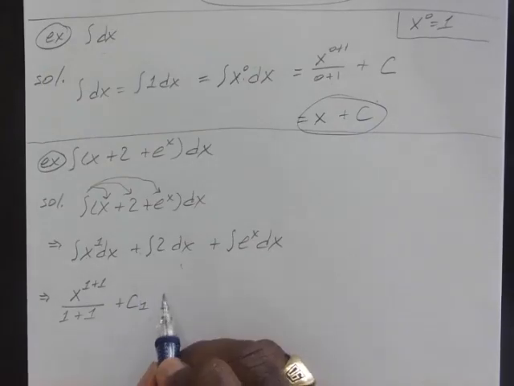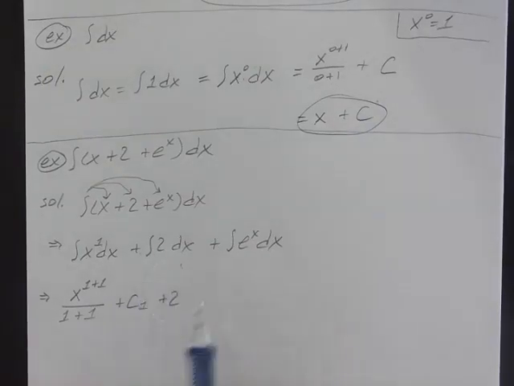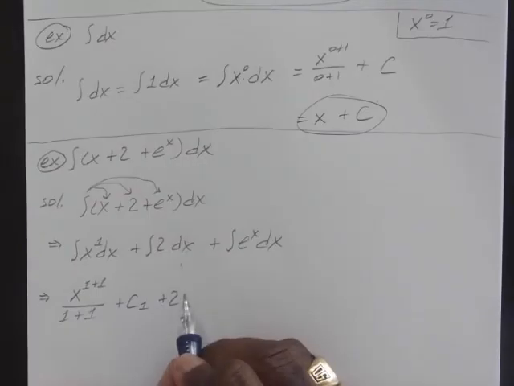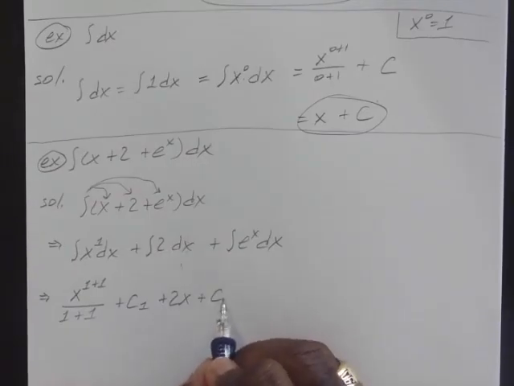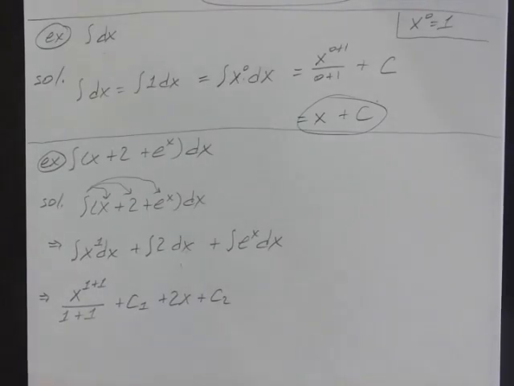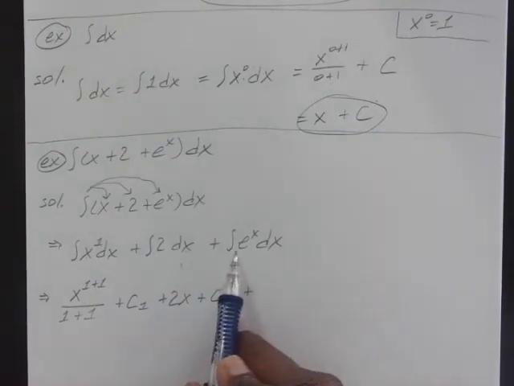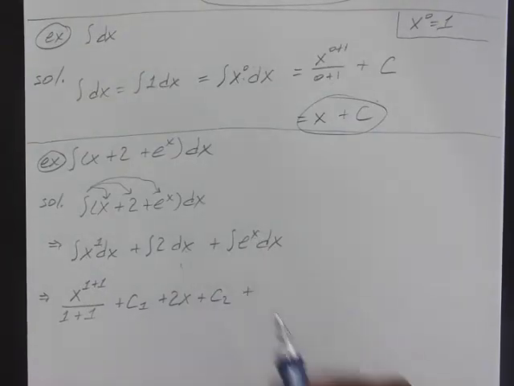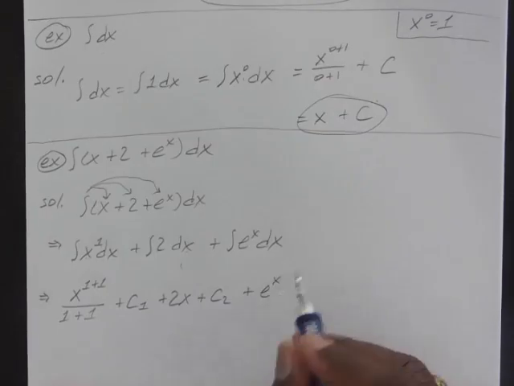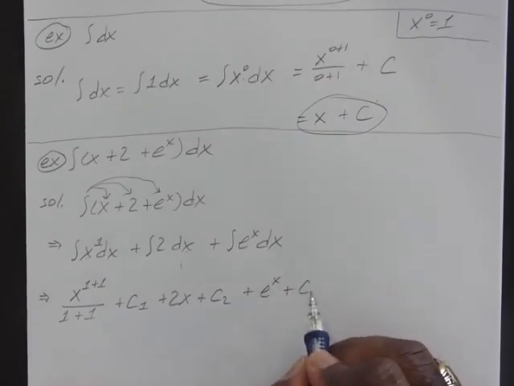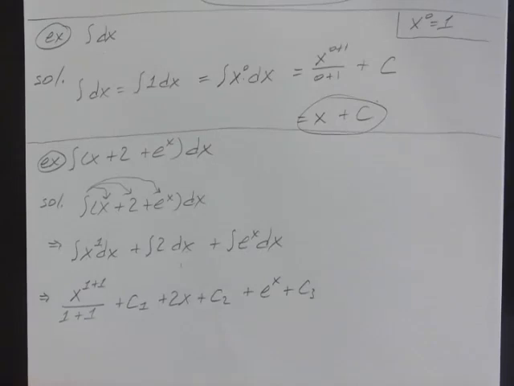Okay, plus 2 times the antiderivative of dx, which is just x, plus a constant c2, plus the antiderivative of e to the power of x is e to the power of x, plus a constant we'll call c3.